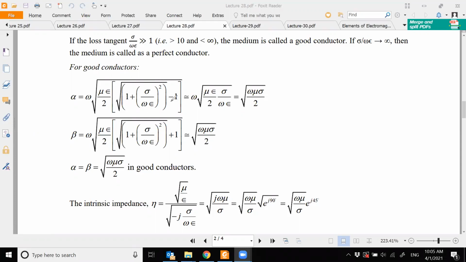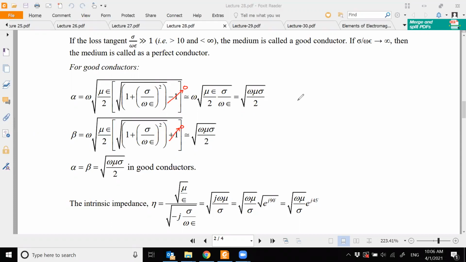Therefore, we are neglecting this term. Similarly, here also we are neglecting this term. Then from these two, you can take sigma over omega epsilon common and take it outside. So this is a root here and this is a square, so root and square cancel. When it comes outside, it will be just sigma over omega epsilon.